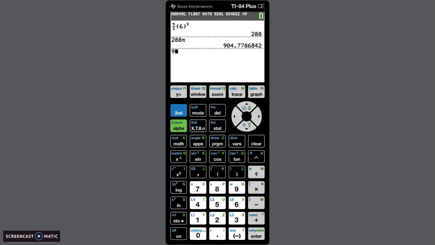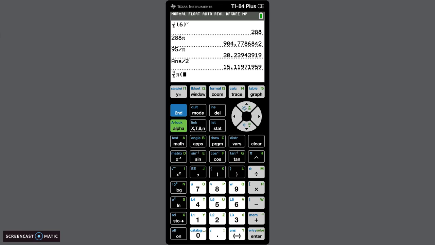So I'm going to have 95 divided by pi. Now that's my diameter. We need the radius, so I'm going to divide this by 2. Now without rounding, I'm going to plug into my volume by doing alpha y equals 4/3 second pi. And I'm just going to plug that in by hitting the up arrow, have that whole thing raised to the third power.